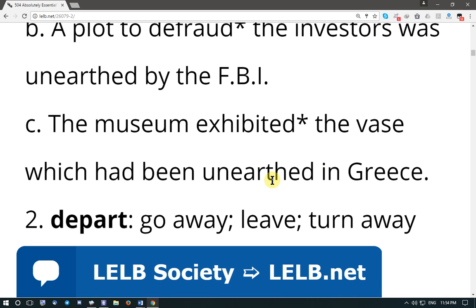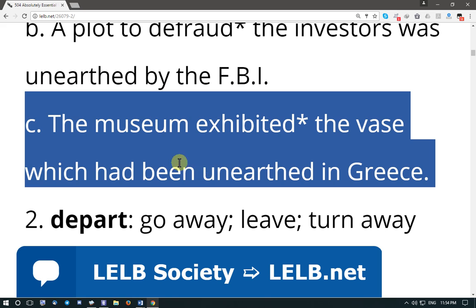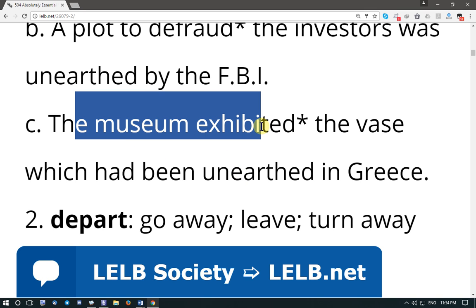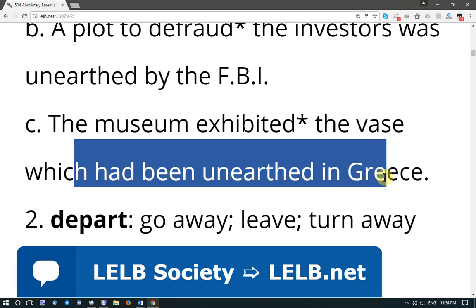Remember, one of the functions of past perfect tense is to explain an action that happened before another action in the past. So in this sentence, there are two sentences. One, the museum exhibited something, and the other sentence is that thing had happened in the past. So this one is closer to the present time, and this sentence actually has happened let's say a long time ago, before the previous one.